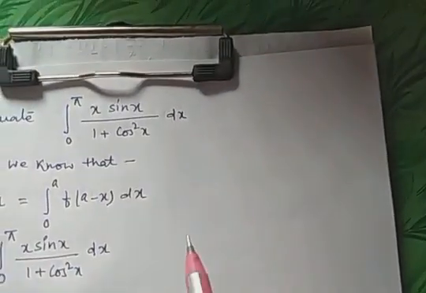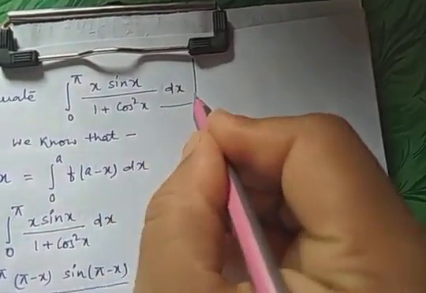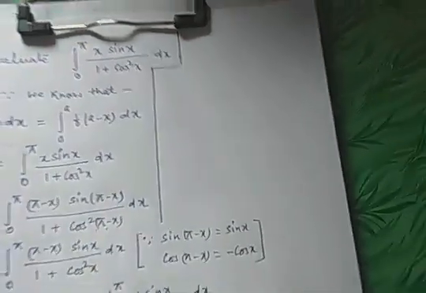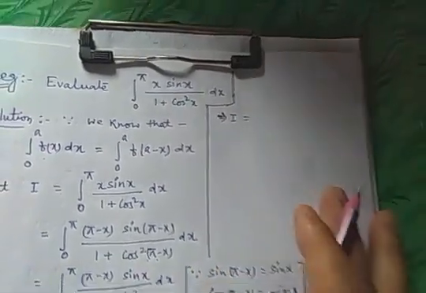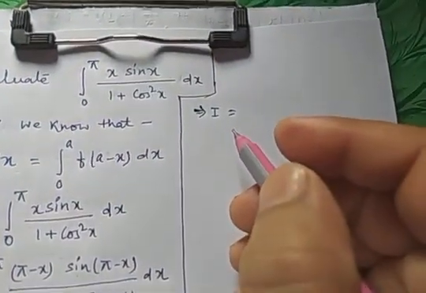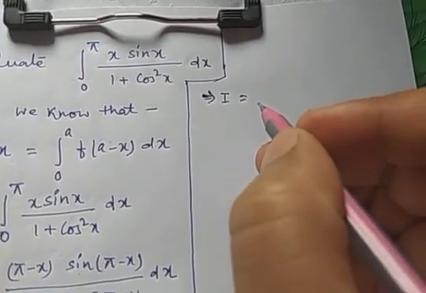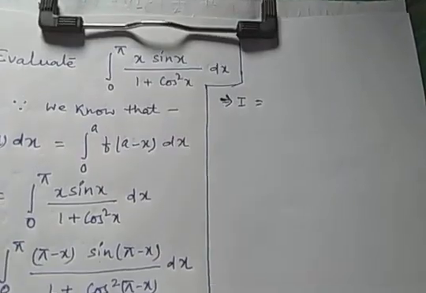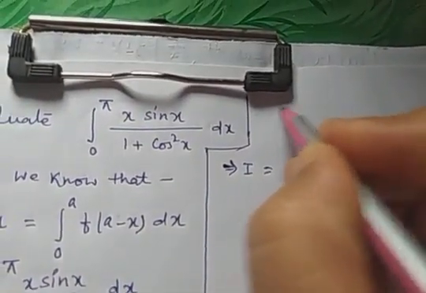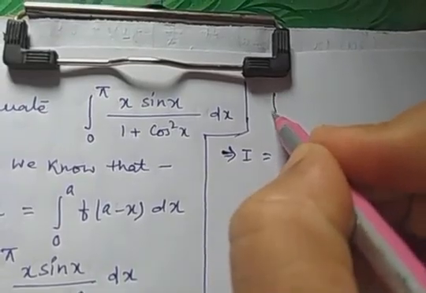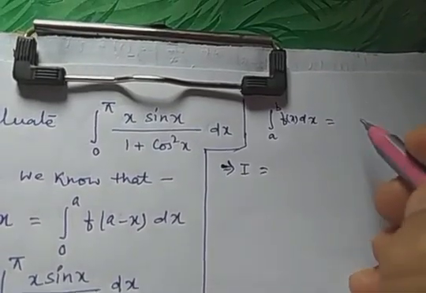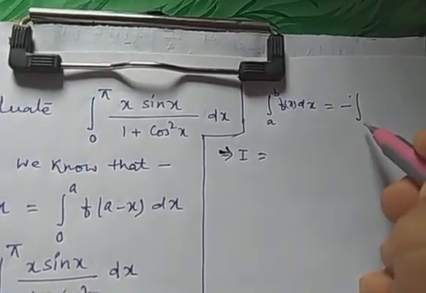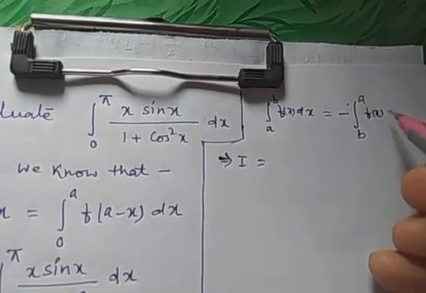Okay, now this implies I is equal to, here students, we know the property that integration from a to b of f(x) dx is equal to minus integration from b to a of f(x) dx.